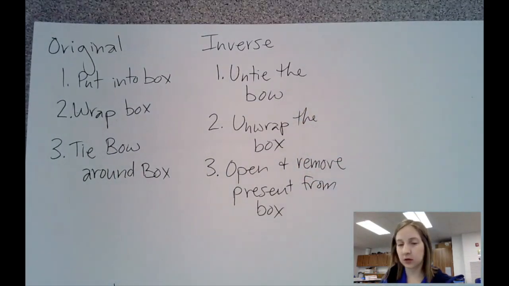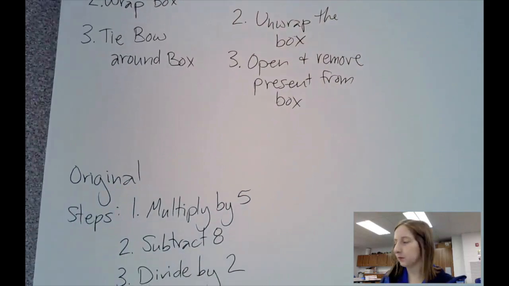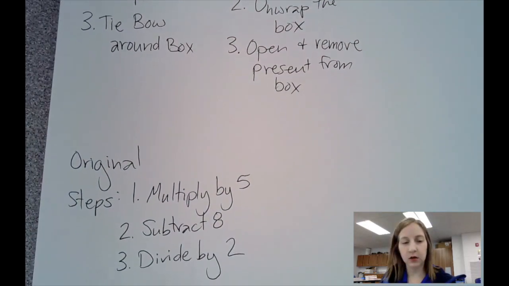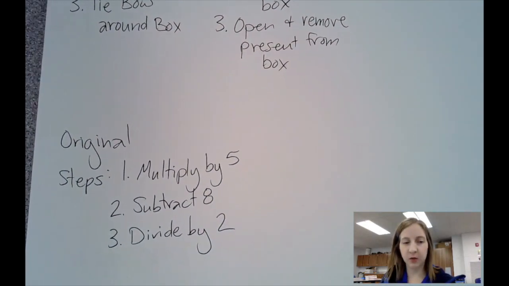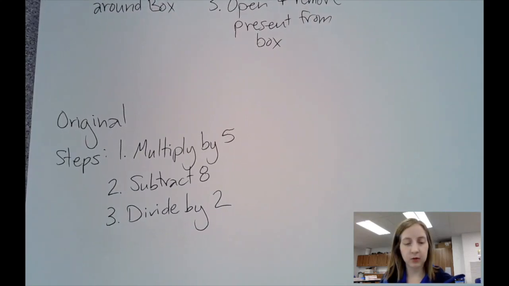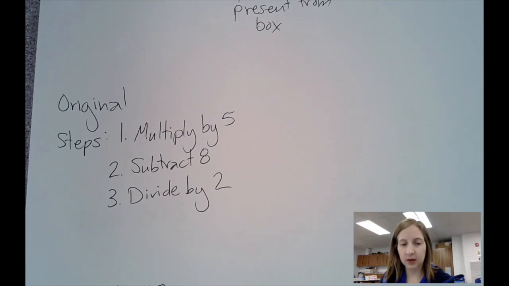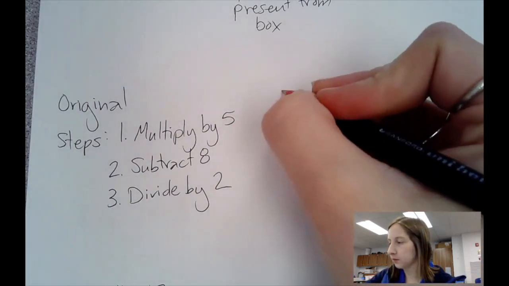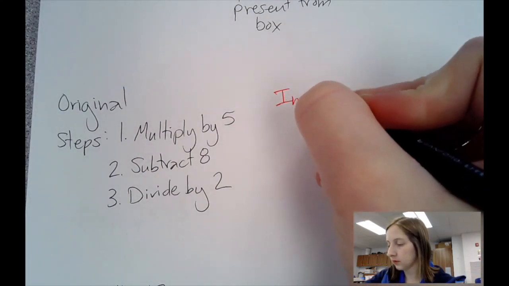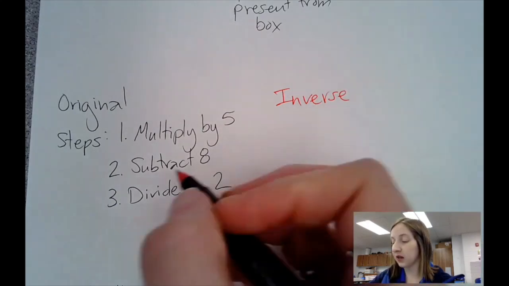So let's try this with just some math steps. Okay? So here's my original. Step 1 is multiply by 5, step 2 is subtract 8, and step 3 is divide by 2. So for my inverse, the first thing I undo is step 3.